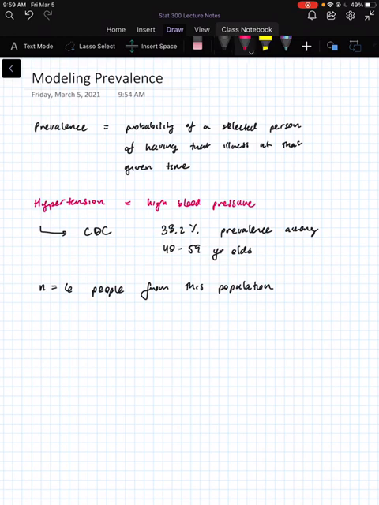This is an aside: as long as your sample size is much smaller than your population size, with or without replacement doesn't matter. It's the same.